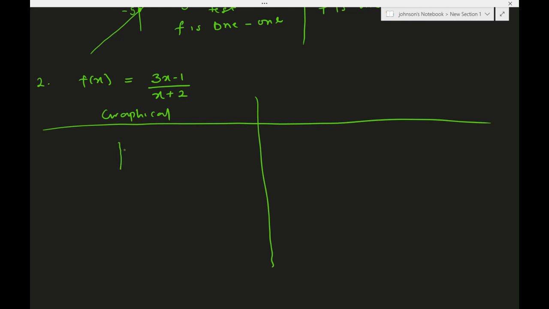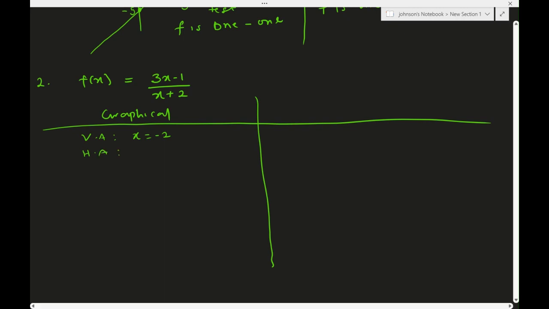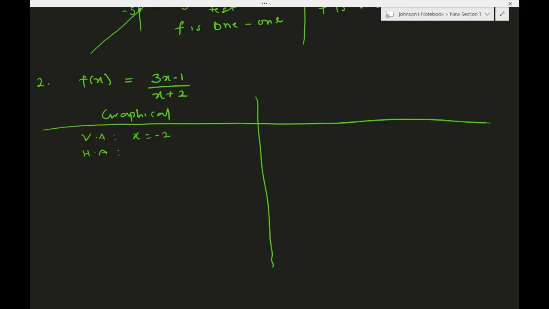Now, this is a rational function, and one thing we can see about it is that it has a vertical asymptote at the zero of the denominator, which is x equals -2. And we also know that it has a horizontal asymptote, because you see that the degree of the numerator and the degree of the denominator are the same.